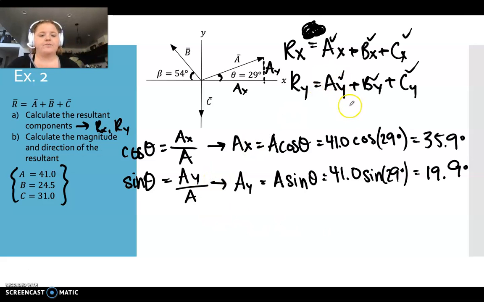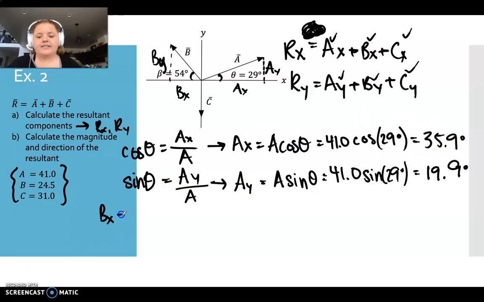So now I broke down my A vector. I can do the same thing with B. Now we want to know what BY and BX are. I have adjacent, the same idea here.